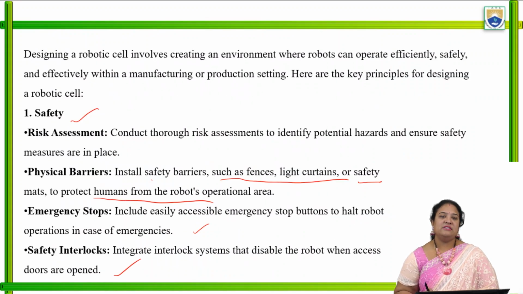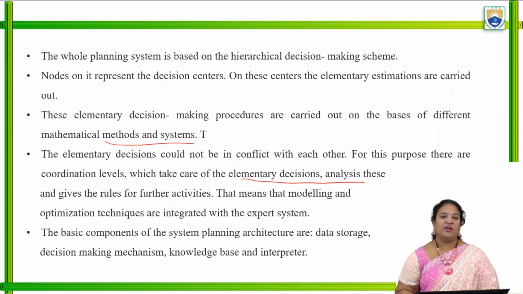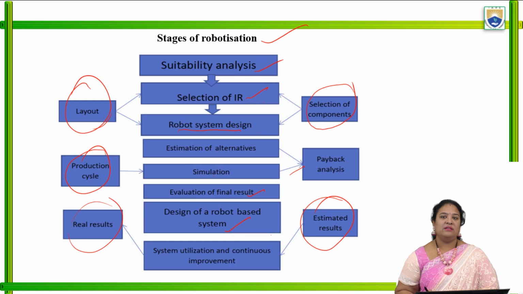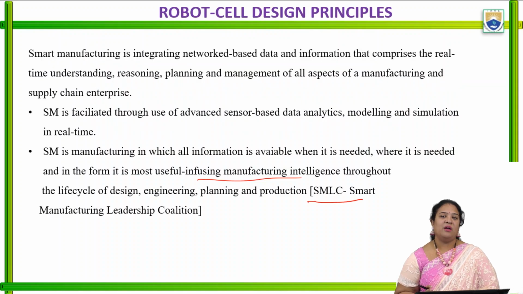And what are the various safety precautions which we need to take while designing the robot, and what are the designing process we have seen, and what are the various stages which we have gone through in this particular flow chart of robotization. And we have come across the generalized what we mean by smart manufacturing and why this should be included in the designing principles, right?